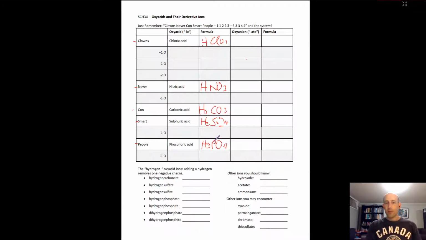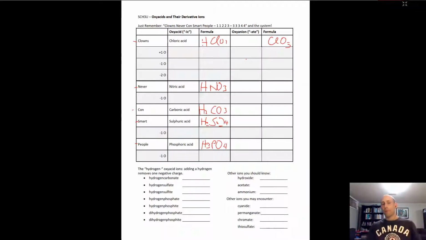Okay, so we're going to keep on filling in the oxyanion and the formula for them. To get the formula for the oxyanion, all you do is remove hydrogens. You remove all the hydrogens that are there. That's how we're going to start. If I remove the hydrogen from HClO3, I'm left with ClO3.